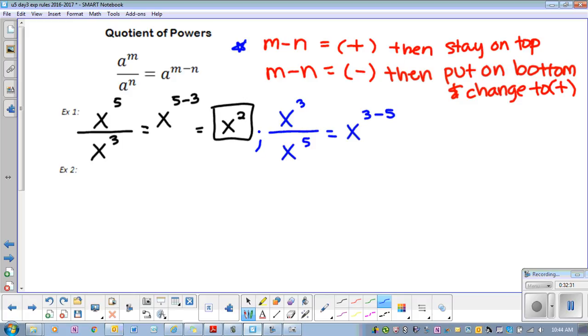Negative 2, right? So since that is negative 2, you want to put this on the bottom and make it positive. It's a negative 2, put it on the bottom, it becomes a positive 2. Does that make sense?